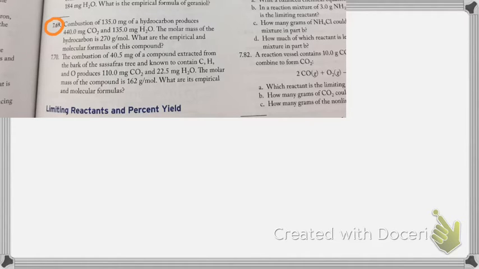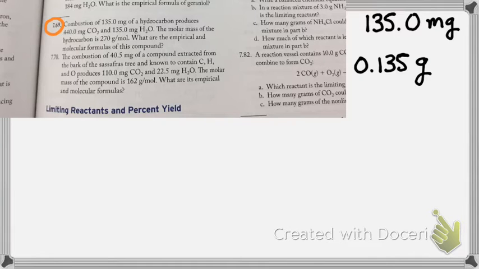And in this problem we're given data where we're told that we have 135 milligrams of a hydrocarbon. We could also write this as 0.135 grams.